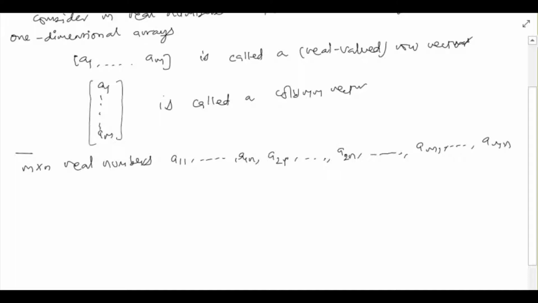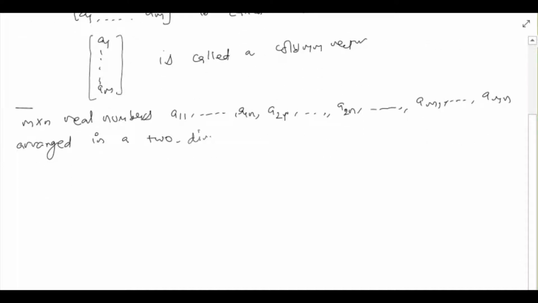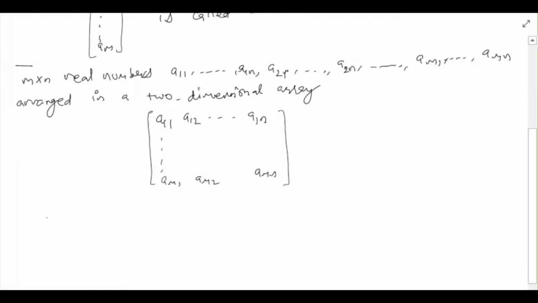So we have m times n real numbers, and if we arrange them in a two-dimensional array as follows, a11, a12 dot dot dot a1n, and so on up to am1, am2, amn, then this object is called an m cross n matrix, again a real valued m cross n matrix.